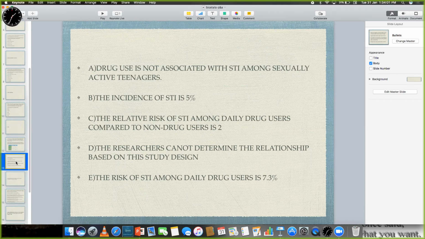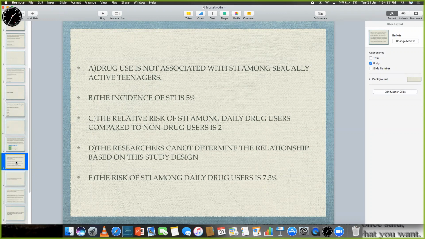Okay, people have come up with answers. They say option C is the right answer. The relative risk of STI among daily drug users compared to non-drug users is 2, which is absolutely correct. Now, let's discuss why the other options are wrong. Drug use is not associated with STI among sexually active teenagers?